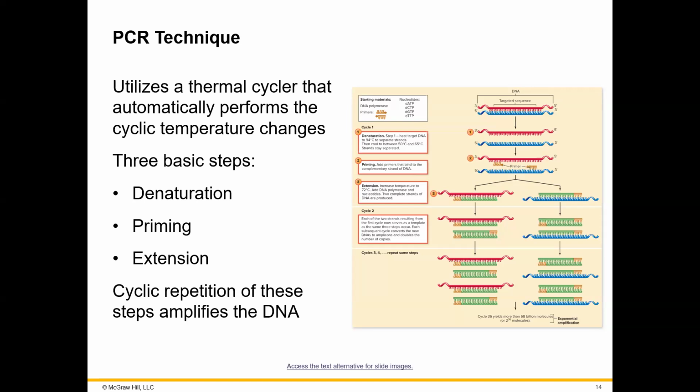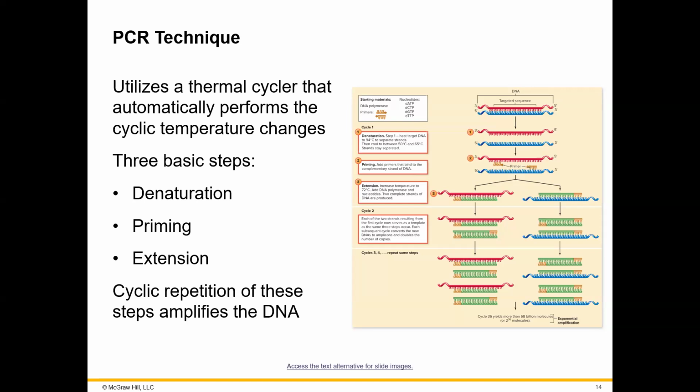So denaturation is your first step. That's just separating the strands with heat. Priming is cooling it down enough to let the primers anneal, priming, annealing, it's the same. Anneal just means to get them to stick together. So we cool it down to anneal those primers onto the appropriate sequence.